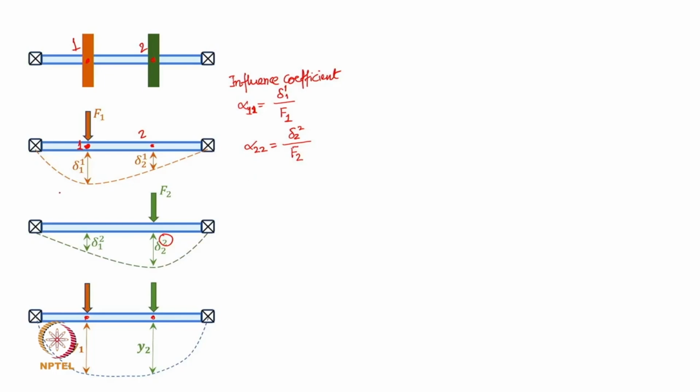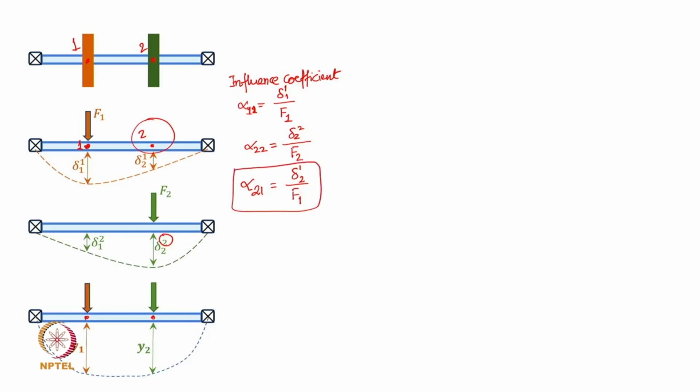And as we see here, irrespective of the fact that there is no force acting at that point, there is a non-zero deflection there at point 2. So, we define the influence coefficient alpha 2 1 to represent delta 2 due to force 1.